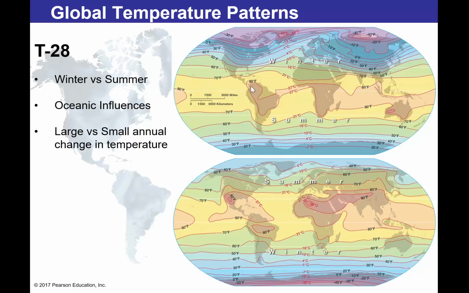And now that you know how ocean currents move, maybe you'll see certain patterns along certain continental coasts that might change from winter to summer, as well as paying attention to where we see large and small annual changes in temperature. So use all of this to work through exercise 12, both the practice and the graded labs.